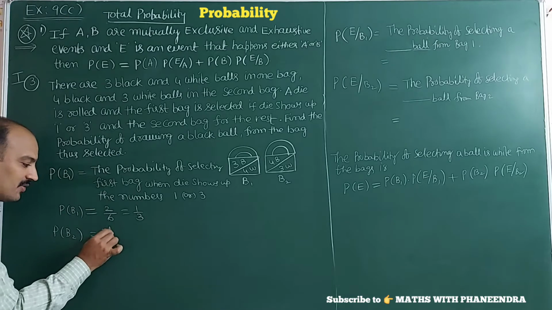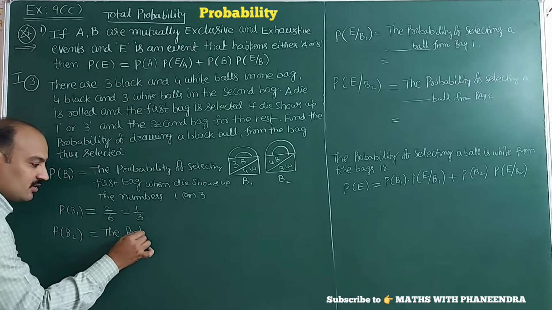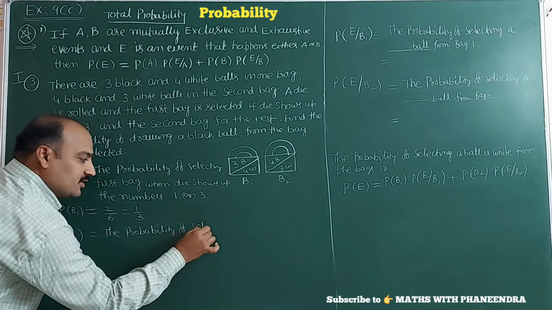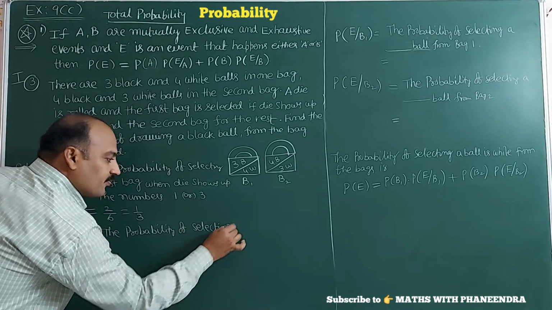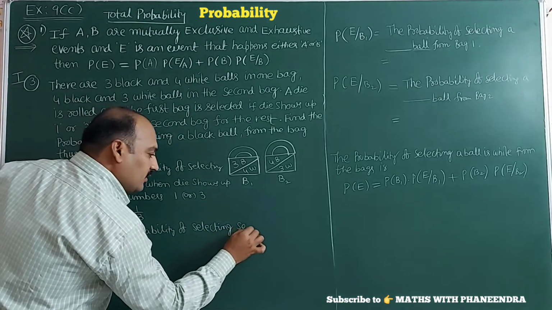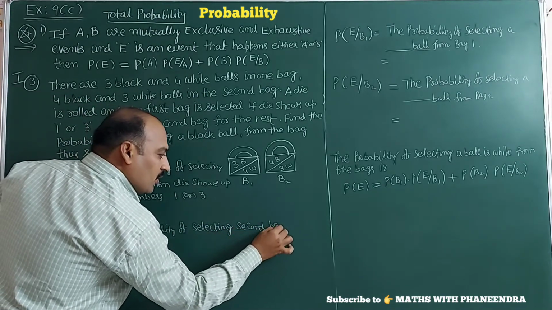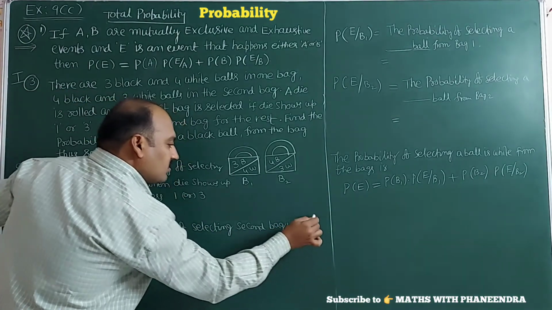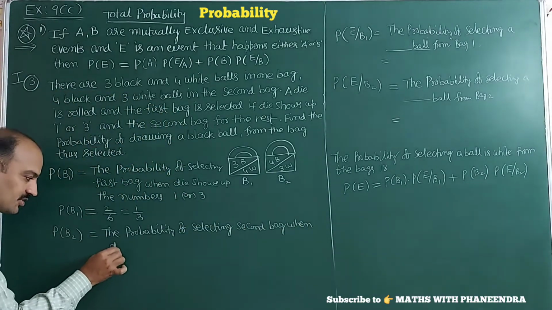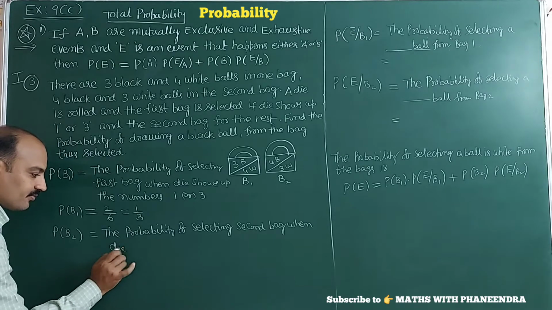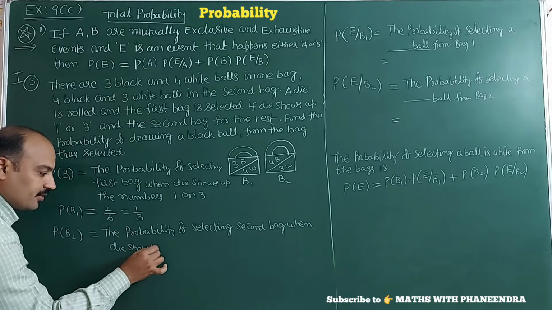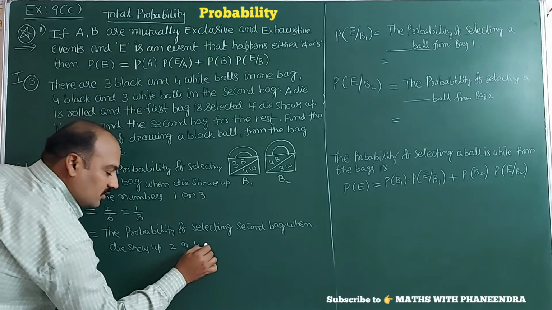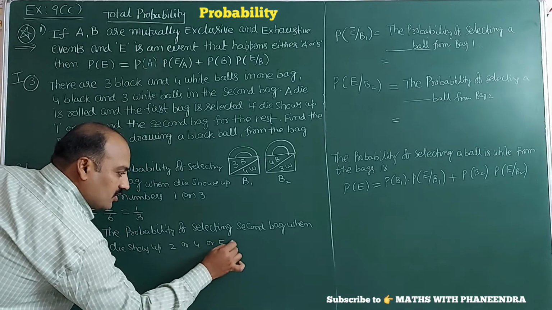the probability of selecting the second bag, the probability of selecting the second bag when the die shows up either 2 or 4 or 5 or 6.